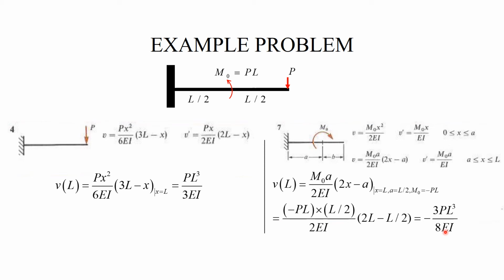Now, all I have to do is add this value and this value, and I obtain this result, which means that the tip goes up. And the reason for it going up is that despite the fact that the force pushes it down, the couple lifts it, and the couple apparently has the upper hand in this situation.